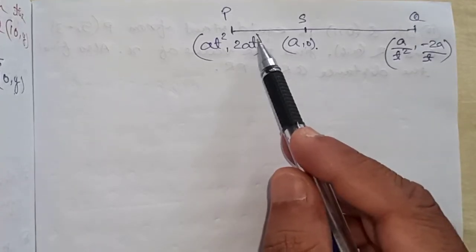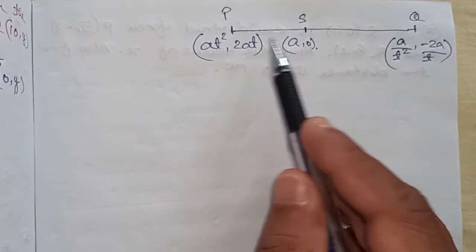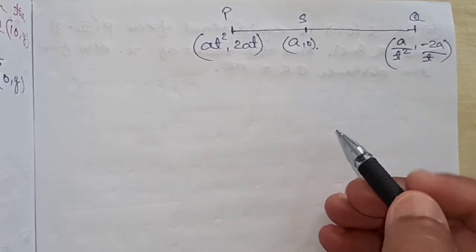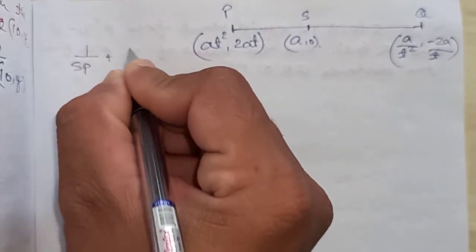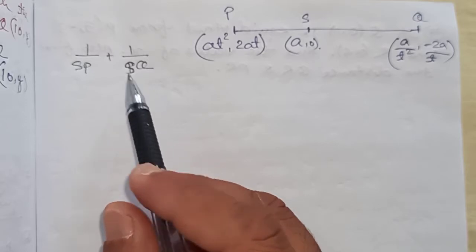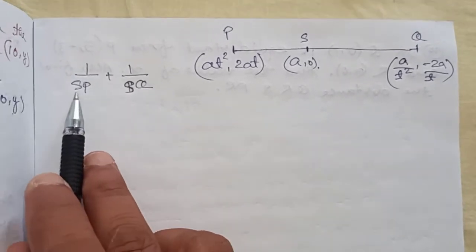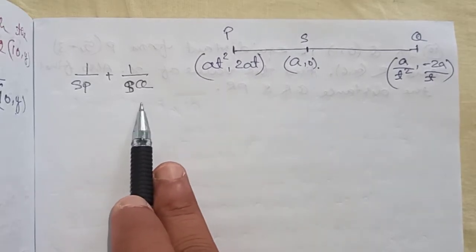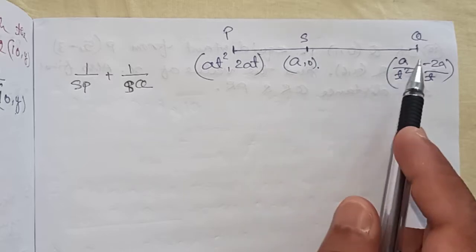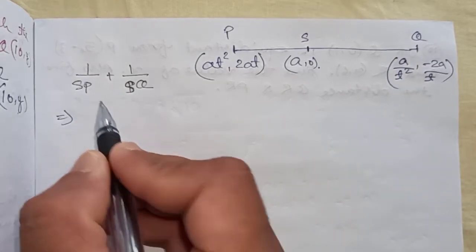I have just drawn a line and named it PQ, where S is any point lying between them. We have to find the value of 1 by SP plus 1 by SQ. The result should be independent of t. So SP means we use the distance formula from P to S, and SQ means we use the distance formula from S to Q. First of all I will use the distance formula for SP.